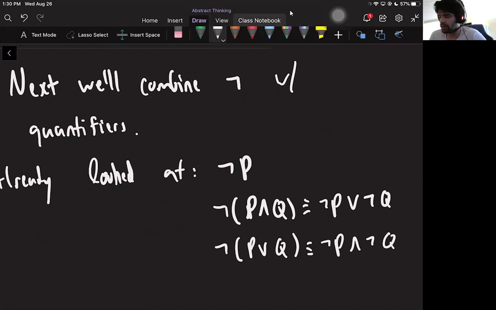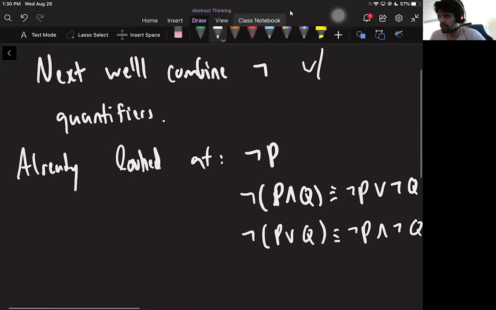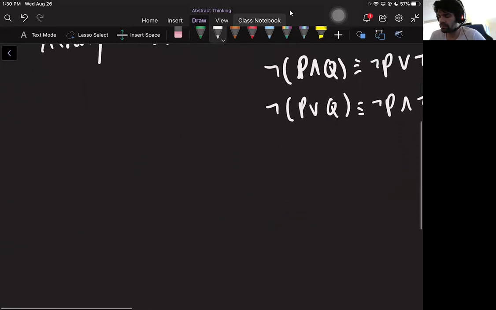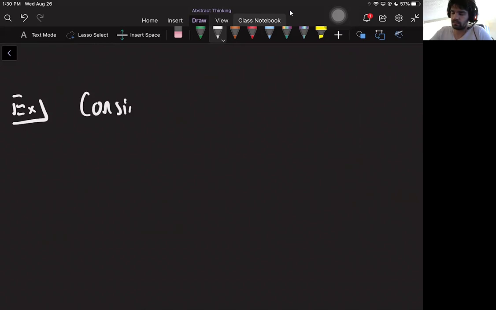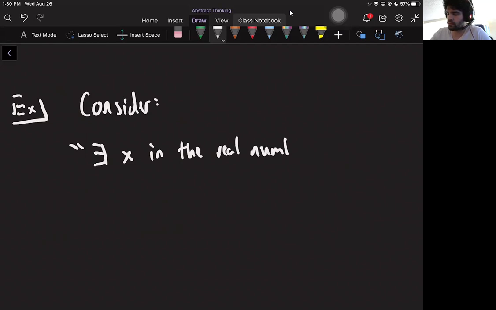Okay, so now let's think about how negation might impact a statement that involves quantifiers. So here's a perfectly good statement now. We have our fancy notation: there exists an x in the real numbers such that.